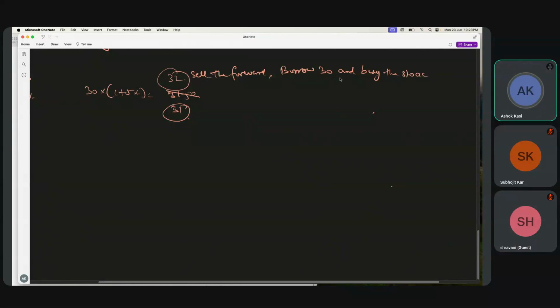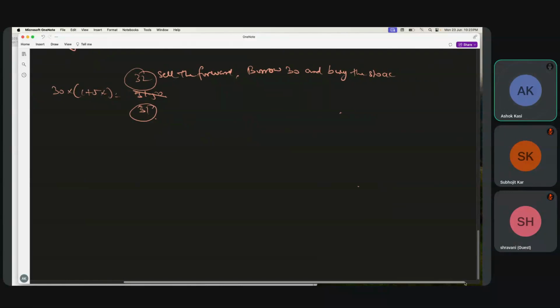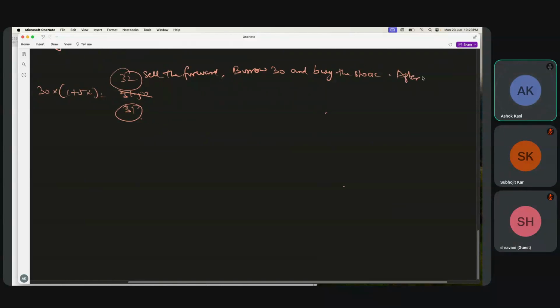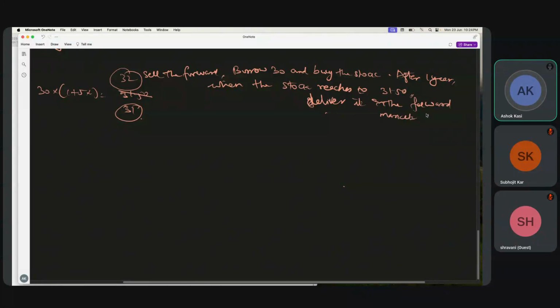So when you keep the stock with you, after 1 year, when the stock reaches 31.50, give it or deliver it in the forward market and make 0.5 profit.